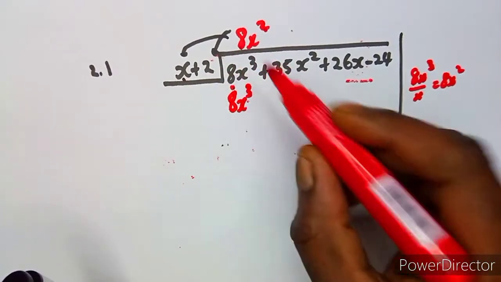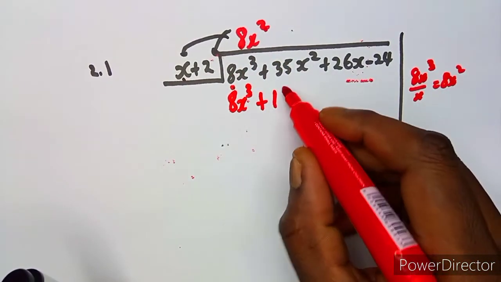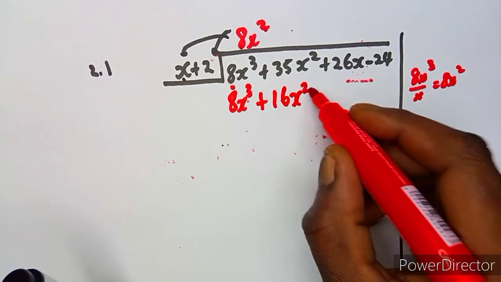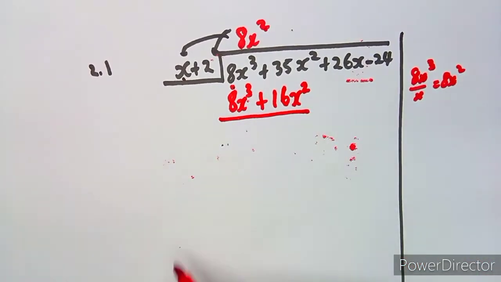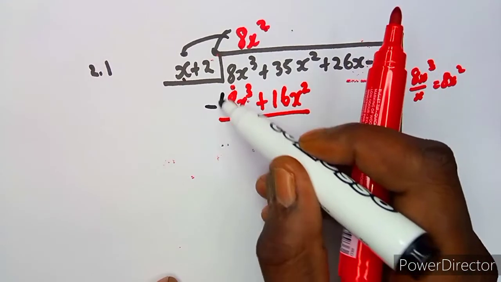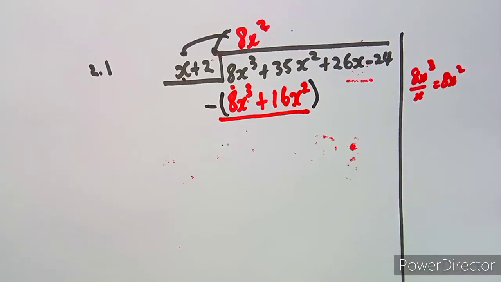Then 8 times 2, which is going to give us 16x squared. Okay, so remember the concept, guys, that we are supposed to subtract this. So as you can see, 8 and 8 is going to give us a 0 there, because these are the same factors here.